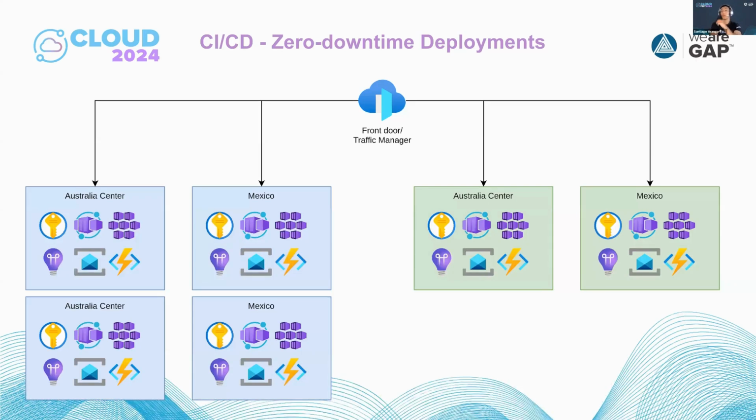Okay, now we can go back and talk a little bit about zero downtime deployments and a more CI/CD approach. When you are working in a highly available system, another very important piece for the CI/CD integration is that you have to make sure that your application is zero downtime in terms of deployments.